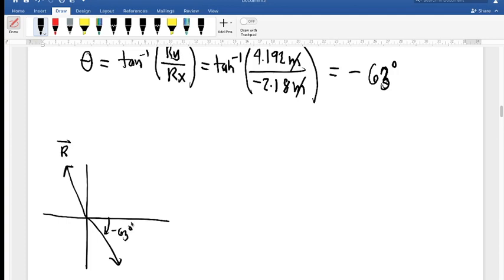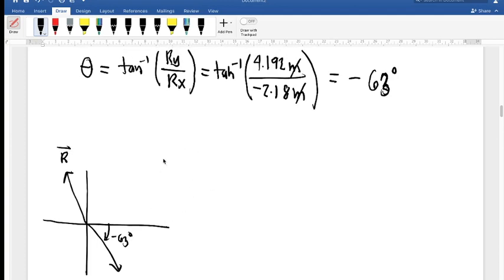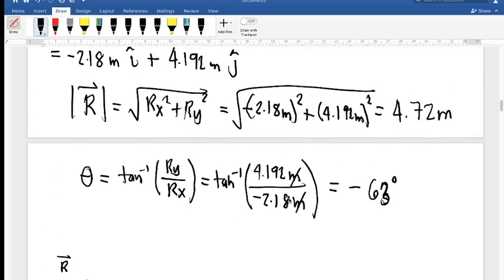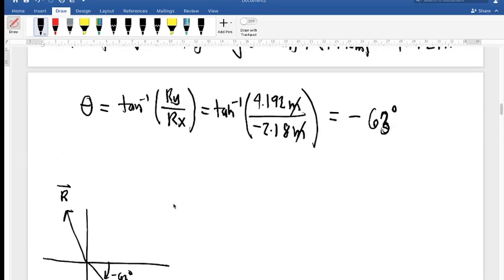Although it is correct on the calculator, as you can see in our drawing, it is not correct. So we again have to add 180 degrees to shift it to the correct orientation of your R. That is 180 minus 63, which is 117 degrees.